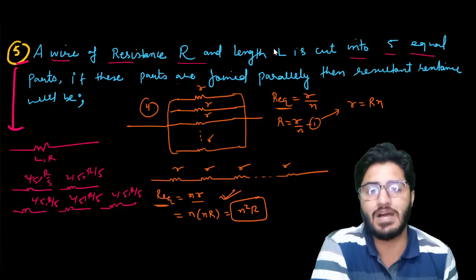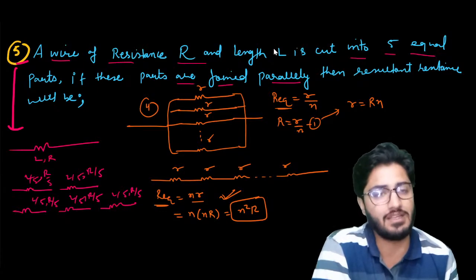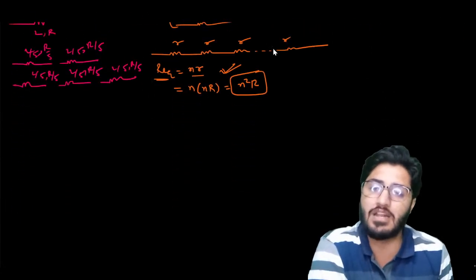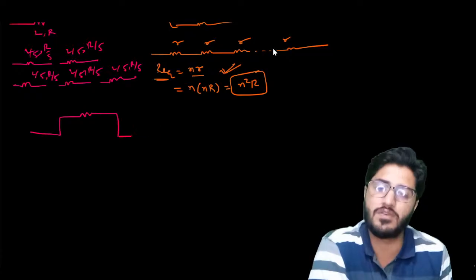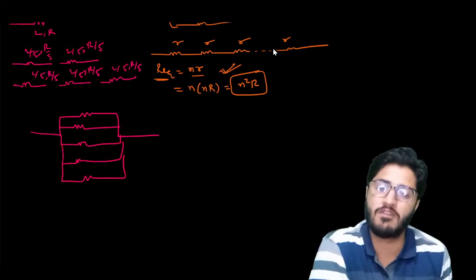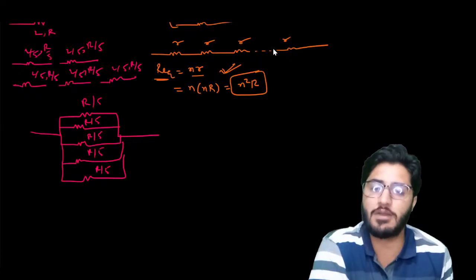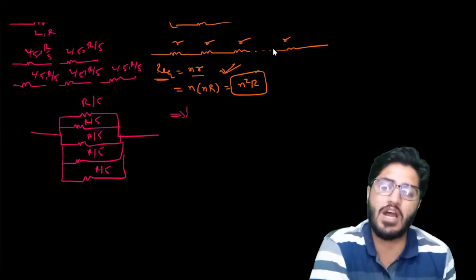If these parts are joined parallelly, so now I need to join all these in parallel. That means 1, 2, 3, 4, 5, with resistance R by 5 each. So how to get the equivalent resistance?